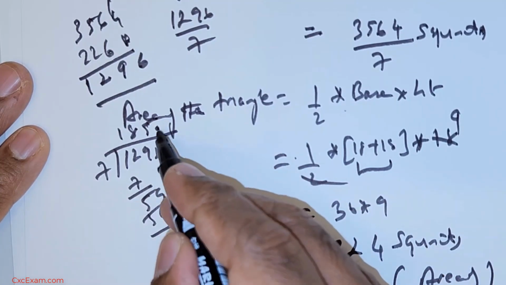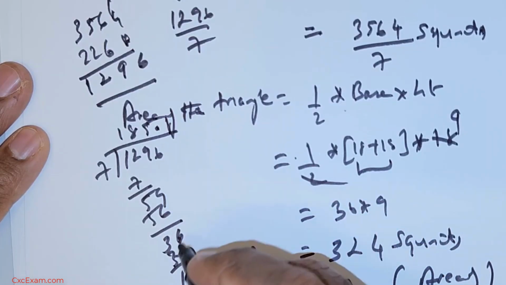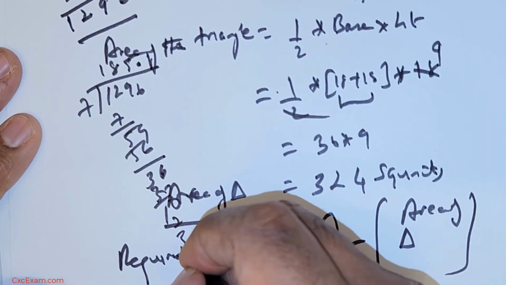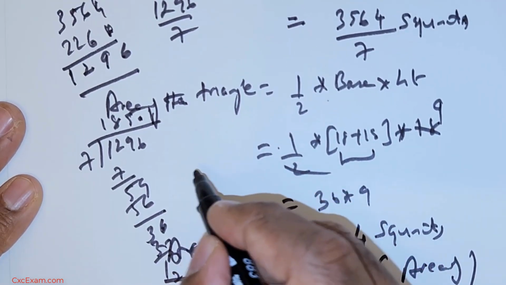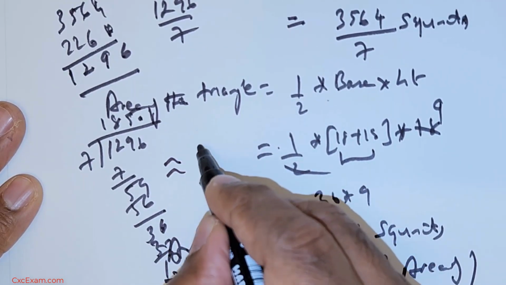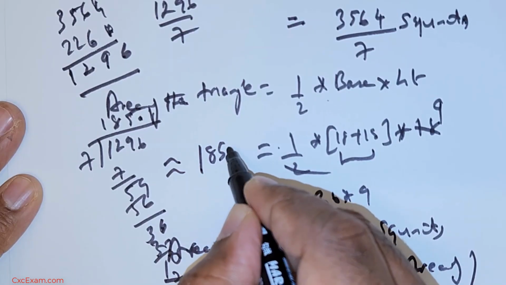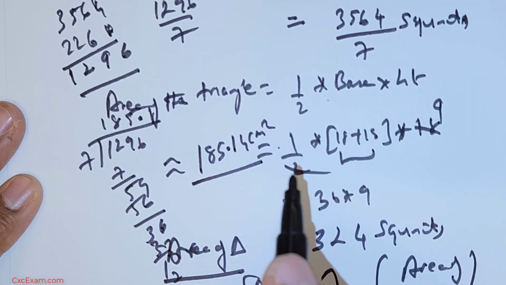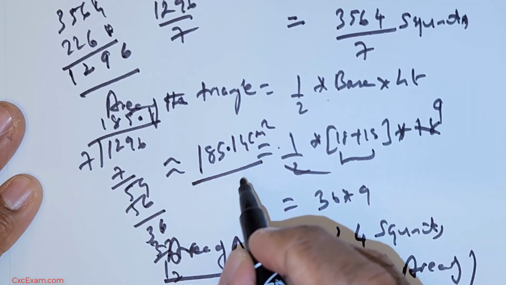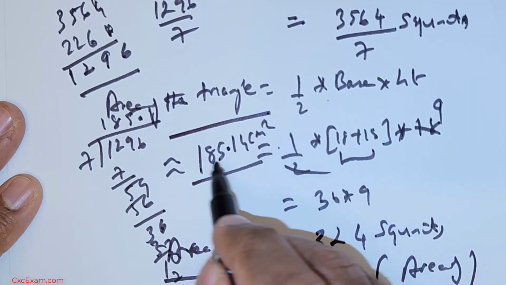Place the decimal, add 0, and then again you get a 1, and then you have a 3 there, and you add a 0, you get 28. So approximate value is 185.14 cm squared. So this is the area of the shaded region.